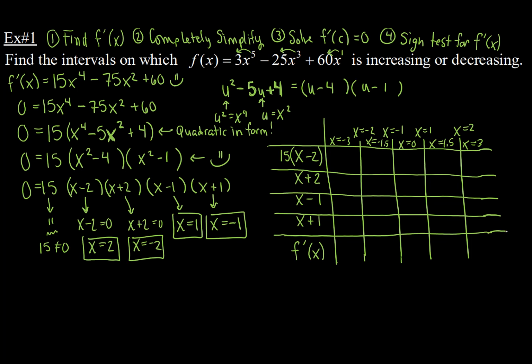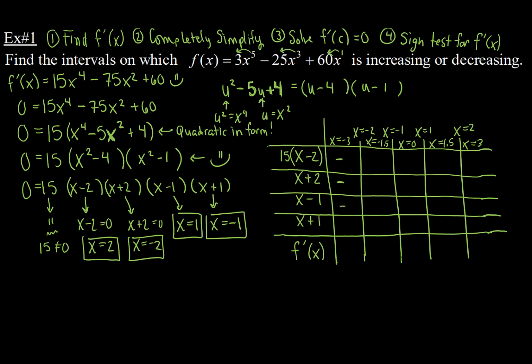All right, now what I'm going to do is plug values in. I'm going to take negative 3 and plug it into each of these and see what my effect is. So for x minus 2 times 15, I'm going to get a negative, because negative 3 minus 2 gives me negative 5, and negative 5 times positive 15 is negative. So I get a negative number. For x plus 2, if I plug in a negative 3, I get a negative number.